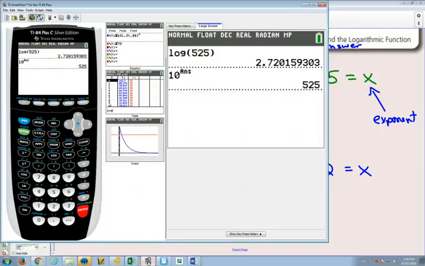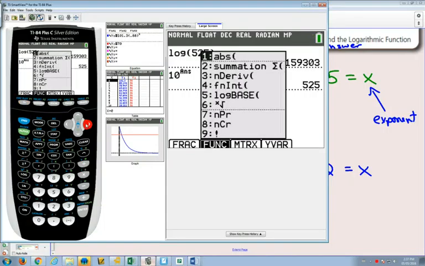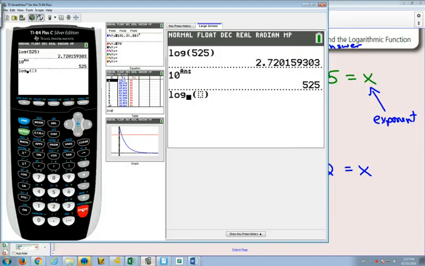If you have a TI-84 and you have the newest operating system, you can go alpha, Y equals, which is the same place that gives you the fraction. If you go over to function, the fifth one lets you write other bases. If I go log base, it automatically adds a space for me there, and I can put a 7 and a 22. And we find out that the answer is 1.59.